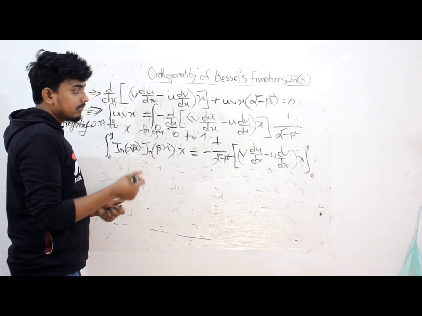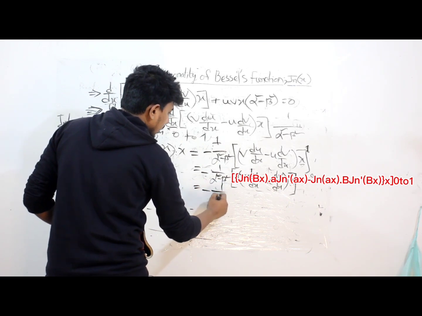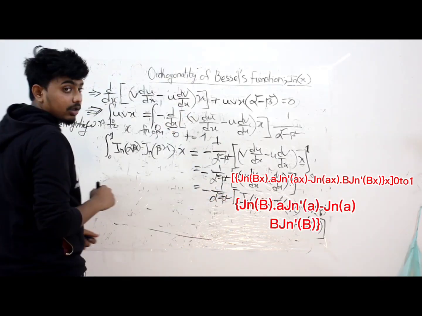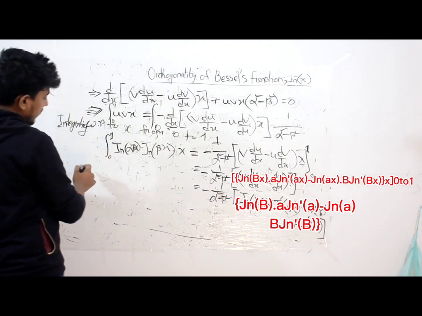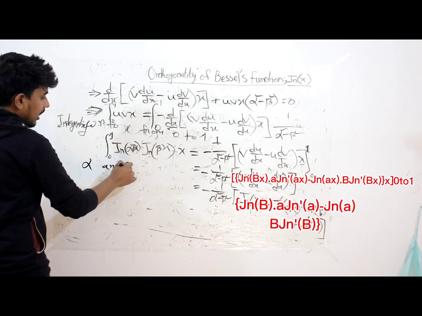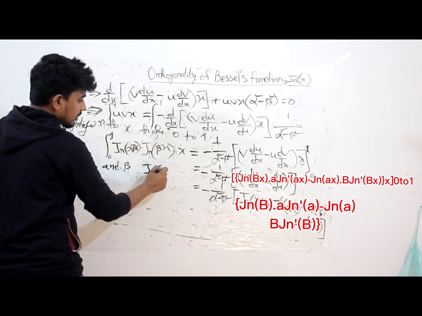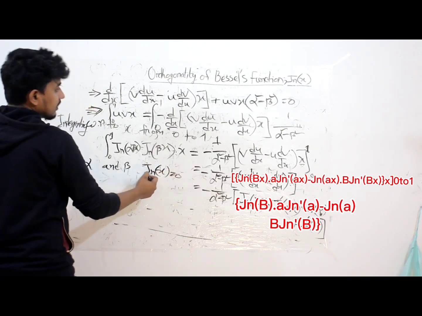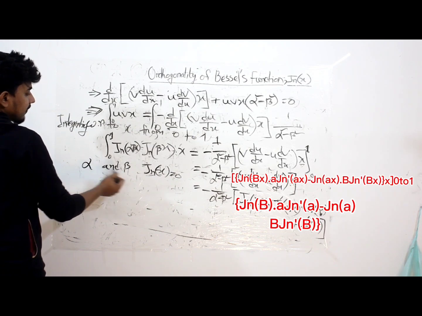Now taking the limiting value from 0 to 1, we have 1 by alpha square minus beta square. Now there will be two roots, alpha and beta. Alpha and beta are two roots of Jn of x equals 0.